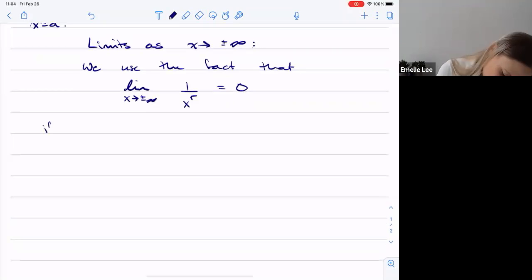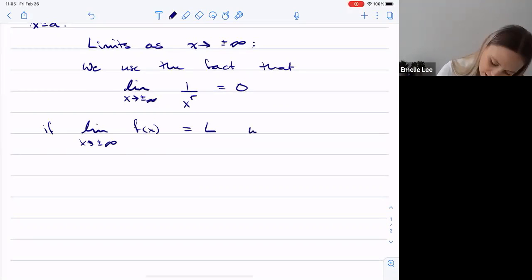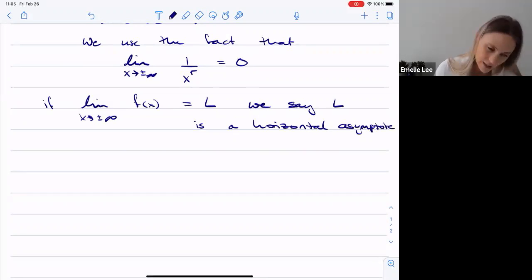If the limit as x goes to plus minus infinity of f of x equals some value L, we say L is a horizontal asymptote. Of course, there are functions that don't have any horizontal asymptotes, and that's fine. But if we're able to arrive at some limit, then we say that that's a horizontal asymptote.